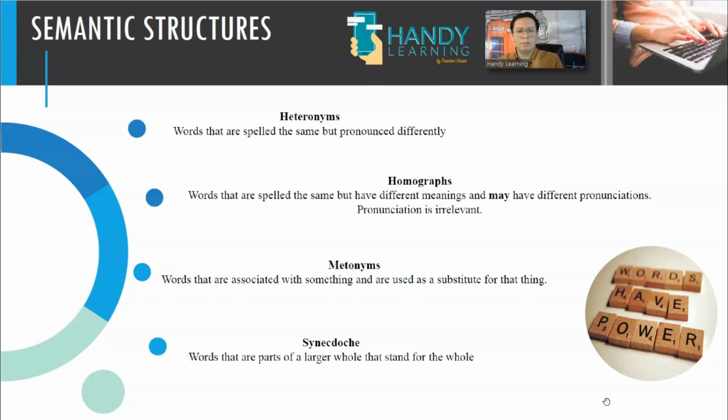When we say crown, the crown is not a physical part of a king or a queen, it's just an accessory. But a synecdoche will be part of it. For example, let's say I'm going to count heads.